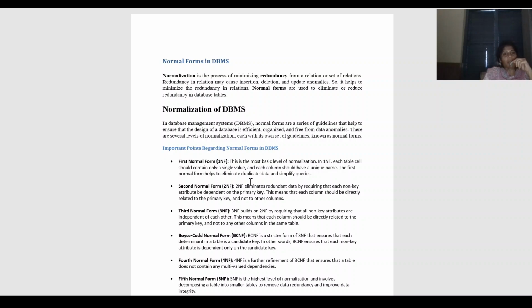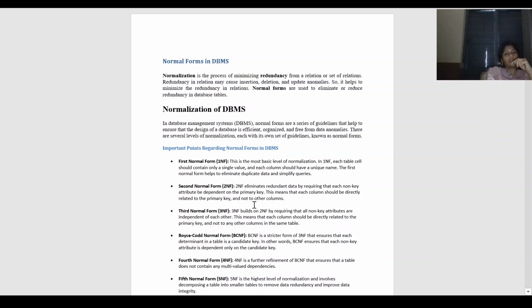Second normal form eliminates redundant data by requiring that each non-key attribute be dependent on the primary key. This means that each column should be directly related to the primary key and not to other columns. We will see in the examples.